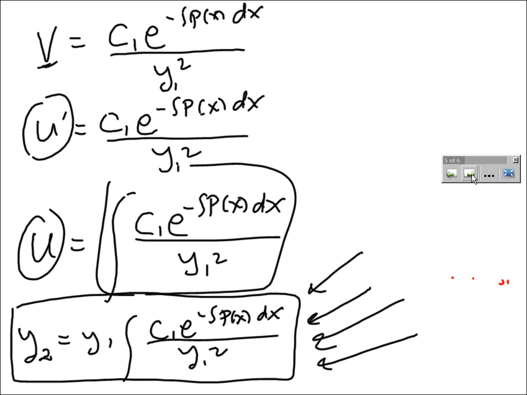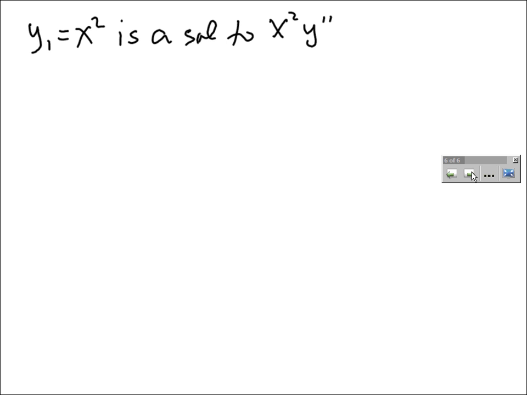Okay, so now suppose you come to know that y1 equals x squared is a solution to x squared y double prime minus 3x y prime plus 4y equals 0.